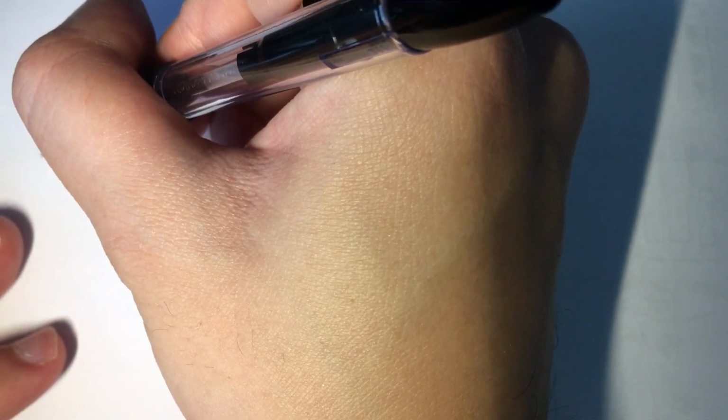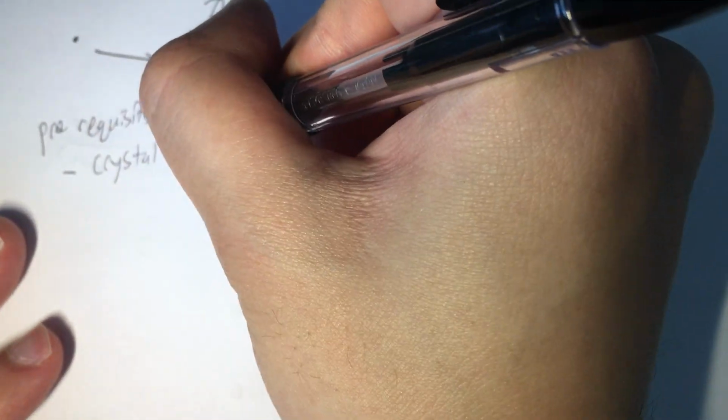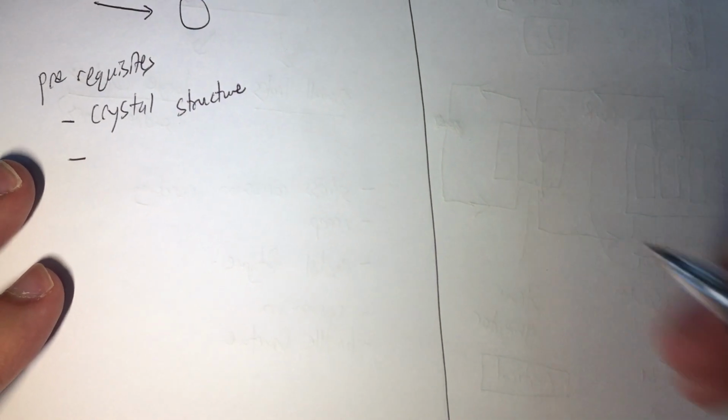For this, we need some prerequisite understanding. We'll need to know what a crystal structure is. These are some of the basic knowledge that you need to know. And of course, I'll try to put some of the links inside the description in order that you might understand this video.